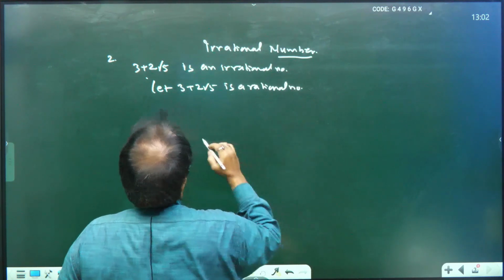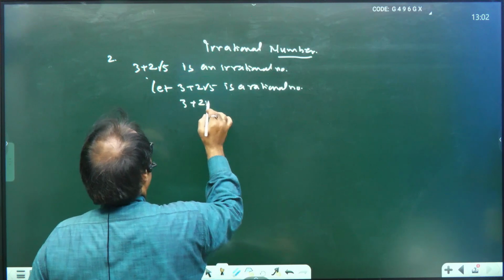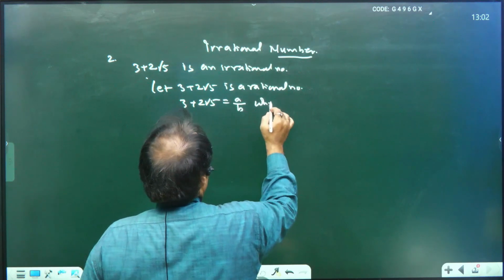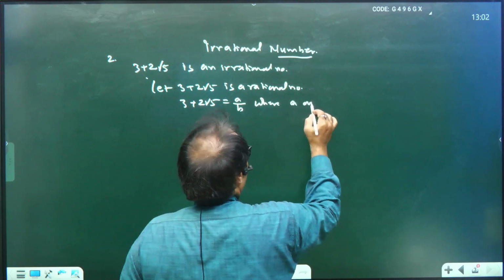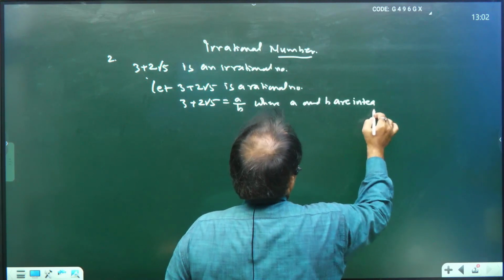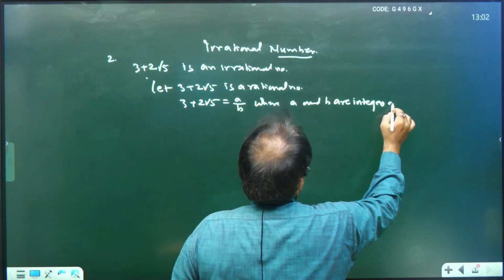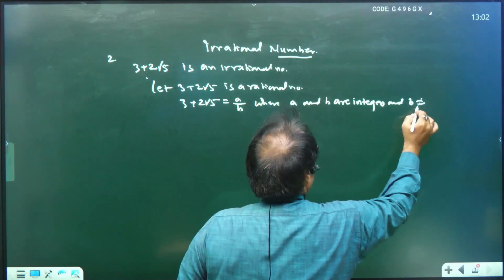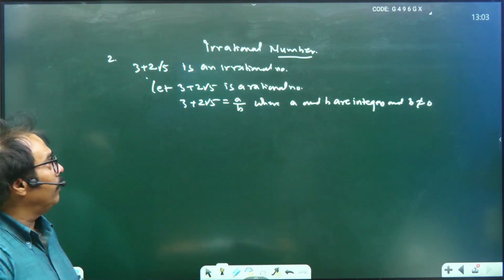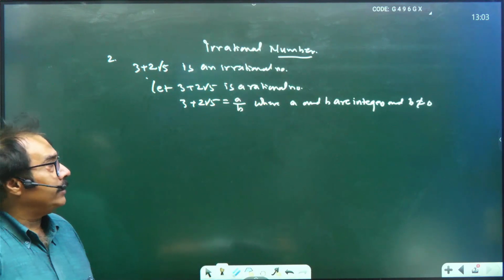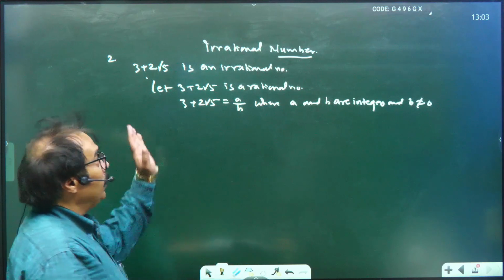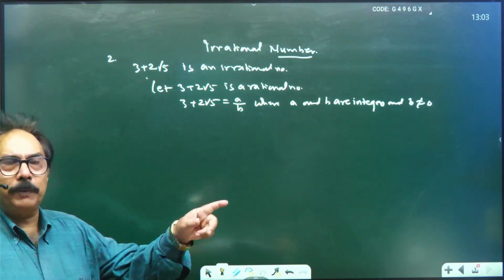So 3 plus 2 root 5 is equal to a by b, where a and b are integers and b is not equal to 0. We will write the complete definition of the rational number. Now do the like terms, rational part to rational part.